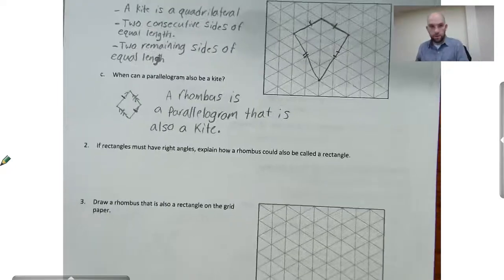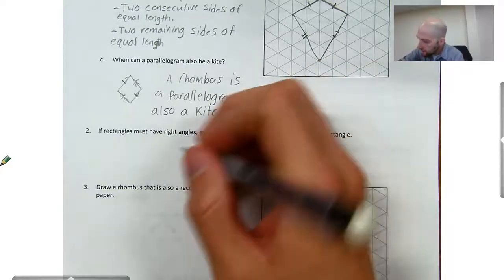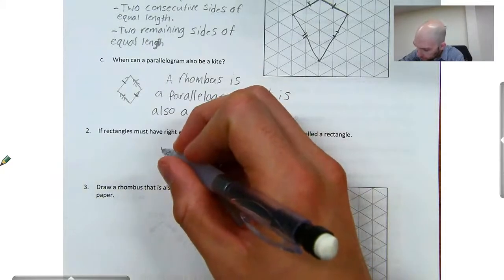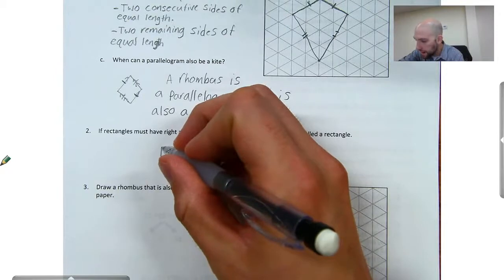All right, let's look at number 2 here. It says, if rectangles must have right angles, explain how a rhombus could also be called a rectangle. So rectangles must have right angles, and a rhombus is a parallelogram that has 4 sides of equal length. Well, a parallelogram with 4 sides of equal length says nothing about it not being able to have right angles. So we would make a rectangle. And a rectangle already has 2 sets of parallel sides.